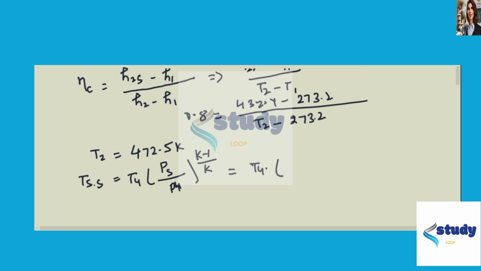P4 into pressure compression ratio is 1 by 5 upon 1.4 minus 1 upon 1.4.